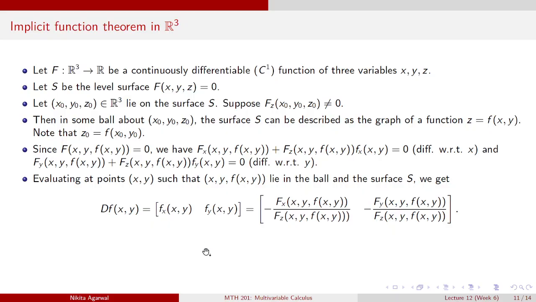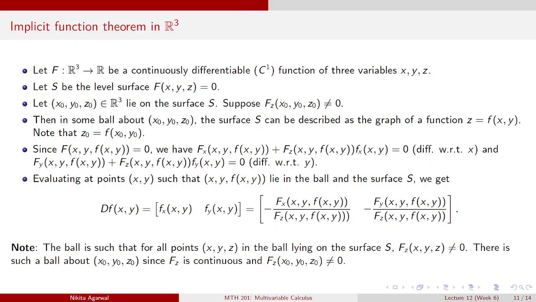I'm writing it in matrix form because this matrix is nothing but the Jacobian matrix of f. So f sub x from the first equation is minus capital F_x by capital F_z, and f sub y from the second equation is minus F_y by F_z, right? So this is the derivative matrix.